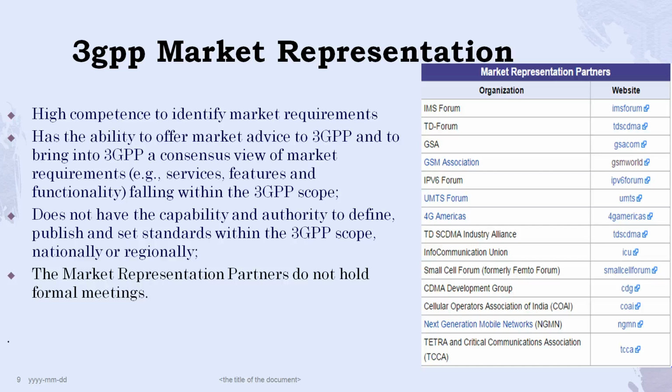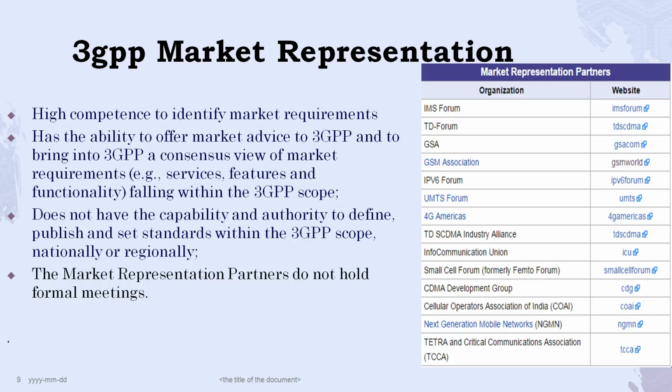The MRPs do not hold formal meetings, so to speak. These MRPs are profit organizations. They do make money, and to be part of one of these, you need to pay a yearly fee or a monthly fee.